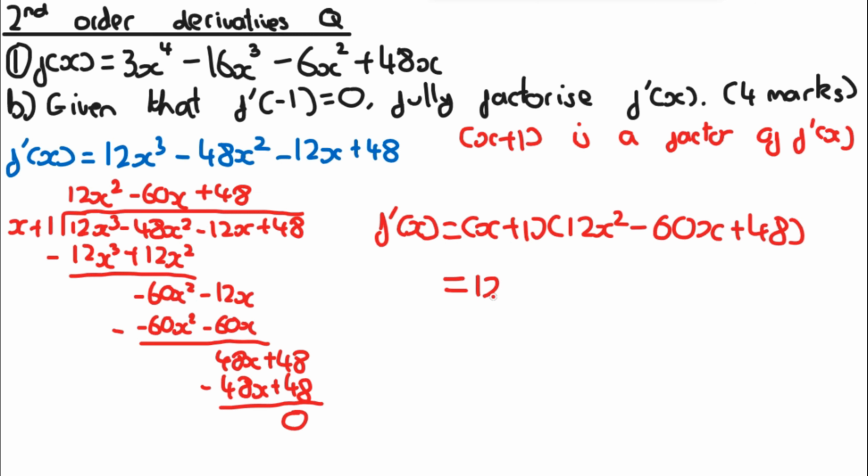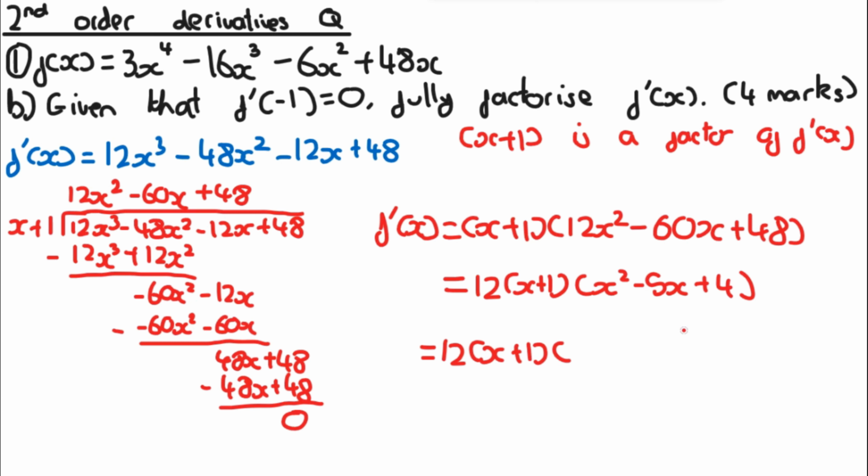So I put 12 at the front, x plus 1, and then this will become x squared minus 5x plus 4, and therefore we can factorise this to become 12 times x plus 1, and we need numbers that multiply to this and add to get this, and this will be x minus 4 and x minus 1. So this is f dash of x fully factorised.